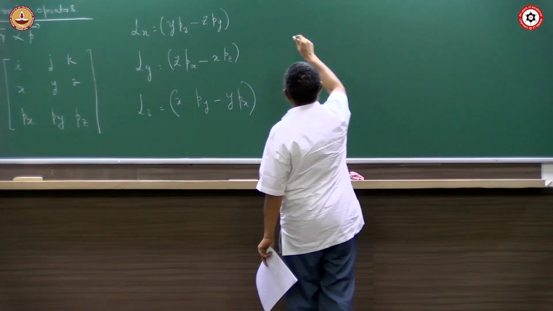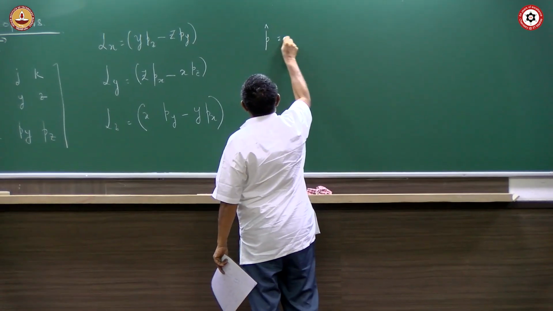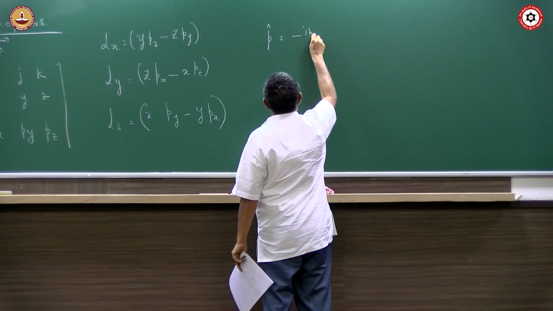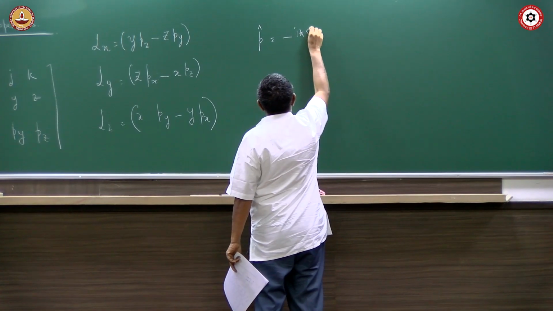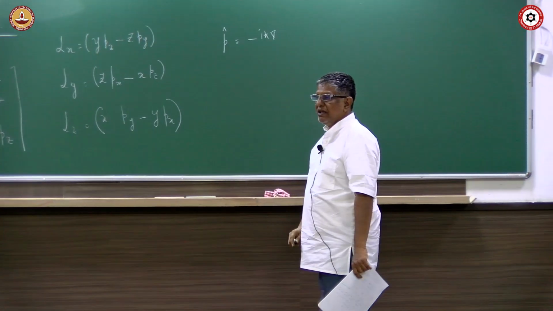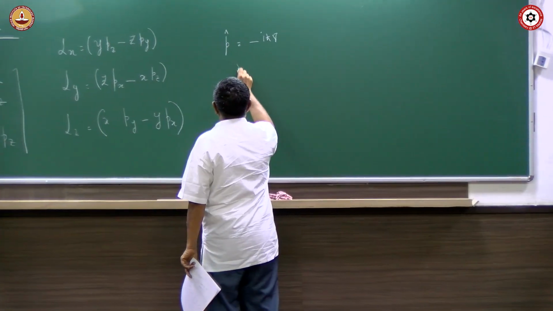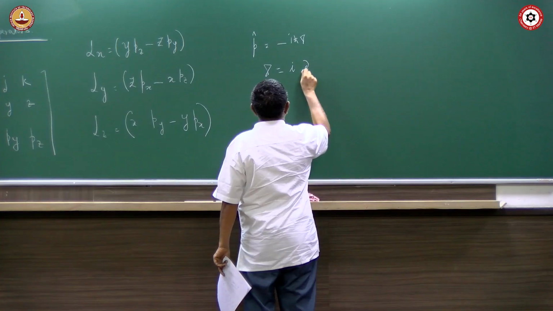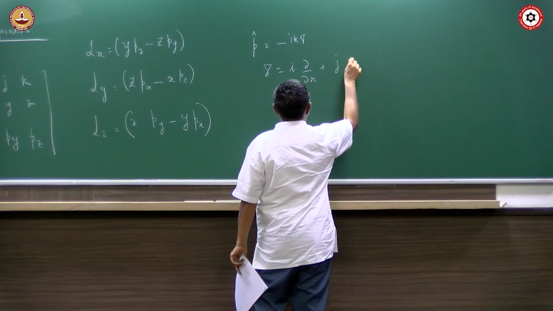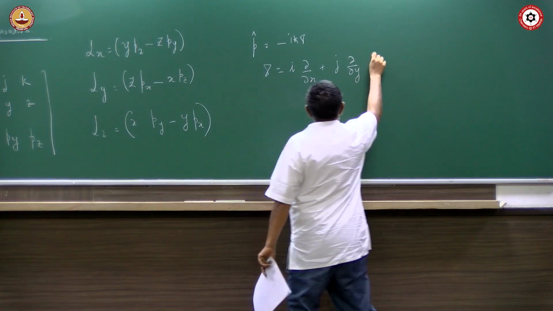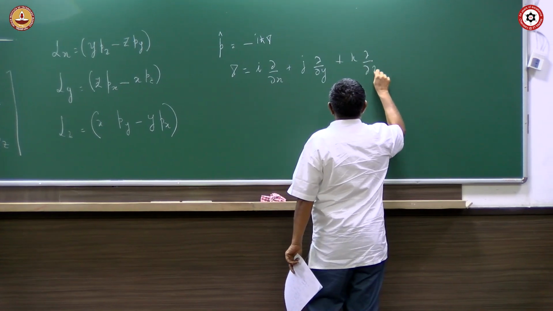What is the general rule? P operator equals minus i h cross del. What is the del operator? Del operator is i dou by dou x plus j dou by dou y plus k dou by dou z.